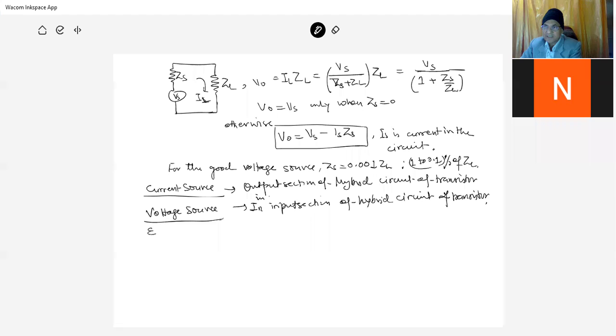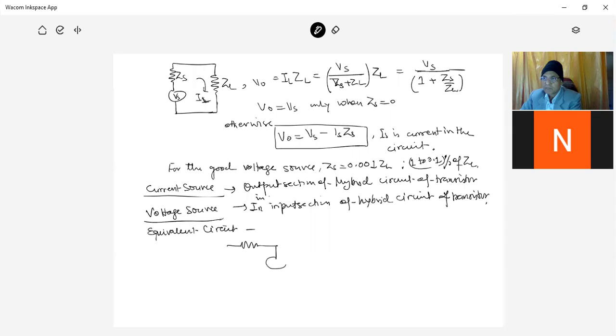the equivalent circuit can be drawn as this is input circuit, and here it is the output circuit.